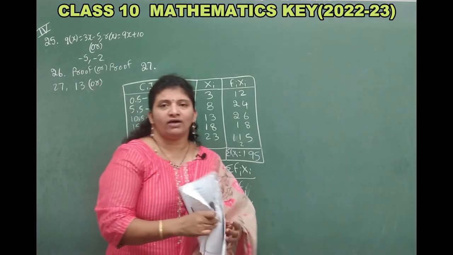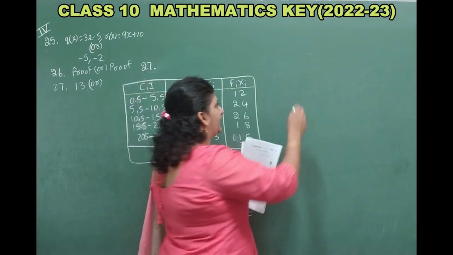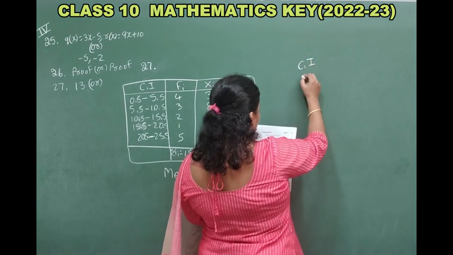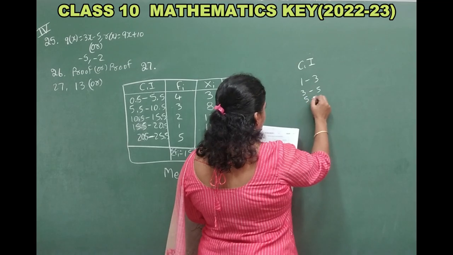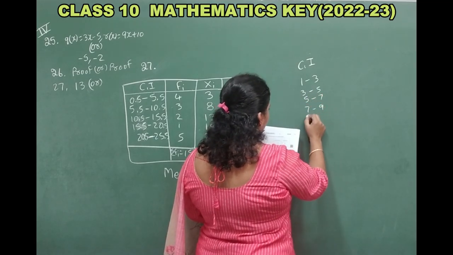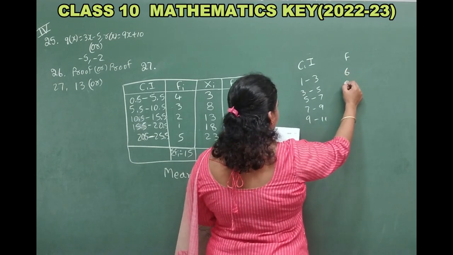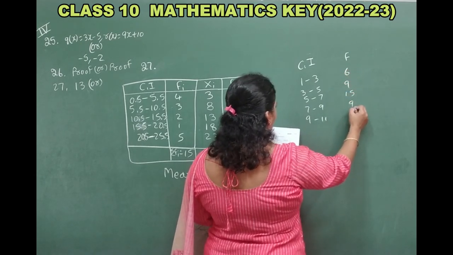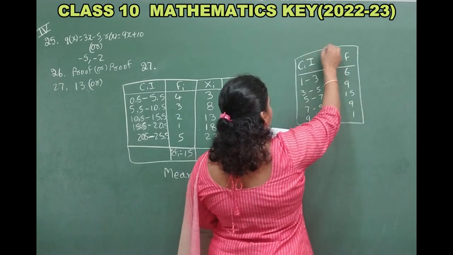And in this you have one more OR question, that is find the mode of the following data. Class interval given 1 to 3, 3 to 5, 5 to 7, 7 to 9, 9 to 11, and your frequency 6, 9, 15, 9, 1. Right? Observe the mode table.